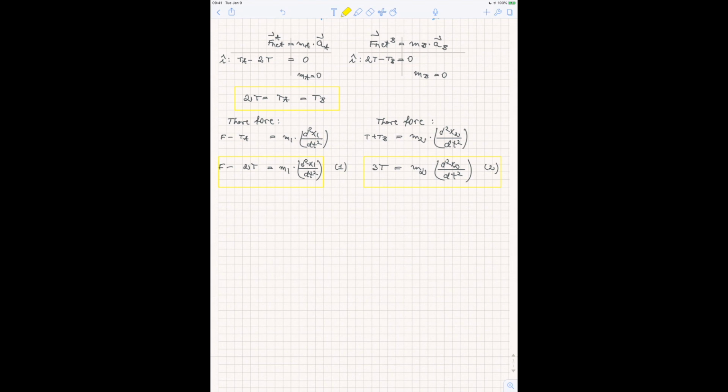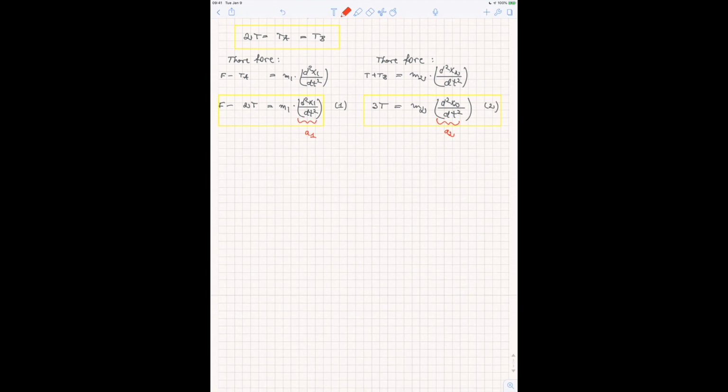But we have the unknown tension in the string here. And the accelerations A1 and A2, as I will show you explicitly, are not the same. This is A1, this here is A2. So we have in fact 3 unknowns, but only 2 equations. So we need another constraint.